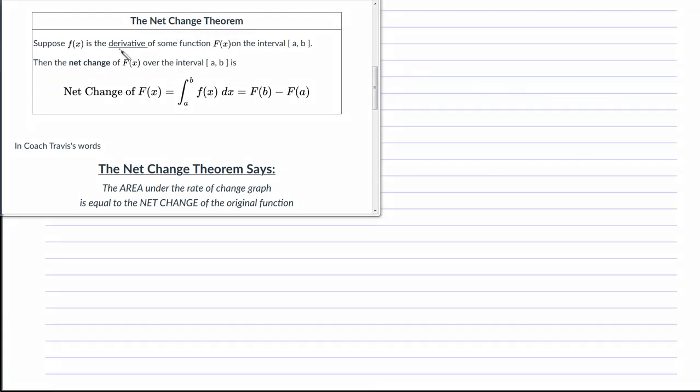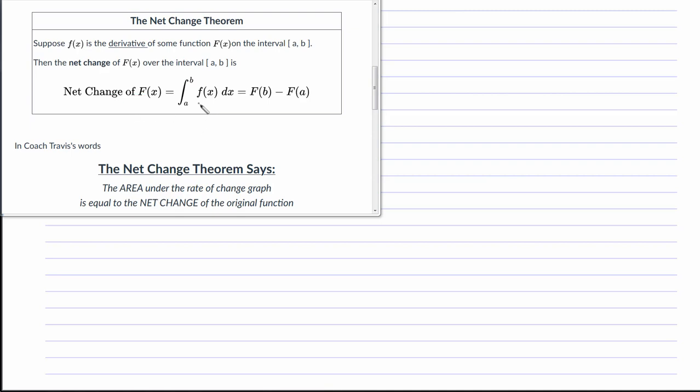The net change theorem says that if you know a derivative, and derivative is just our shorthand word for rate of change, then if you integrate the rate of change over the interval, you get the net change.